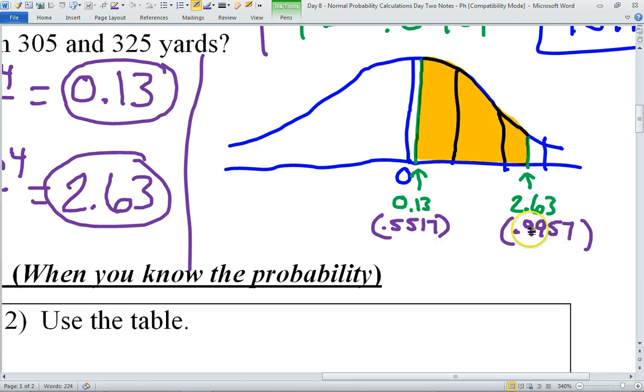Those are the percentages from the chart. If I want to find the percentage that's between these two numbers, I just need to subtract. So if I want to find the percentage of z-scores that are between 0.13, this is how I do between: 0.13 is less than z, which is less than 2.63.